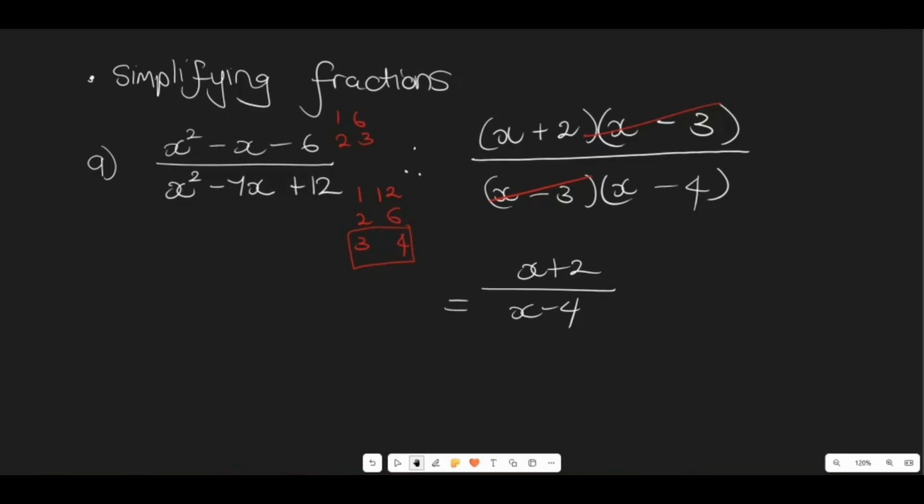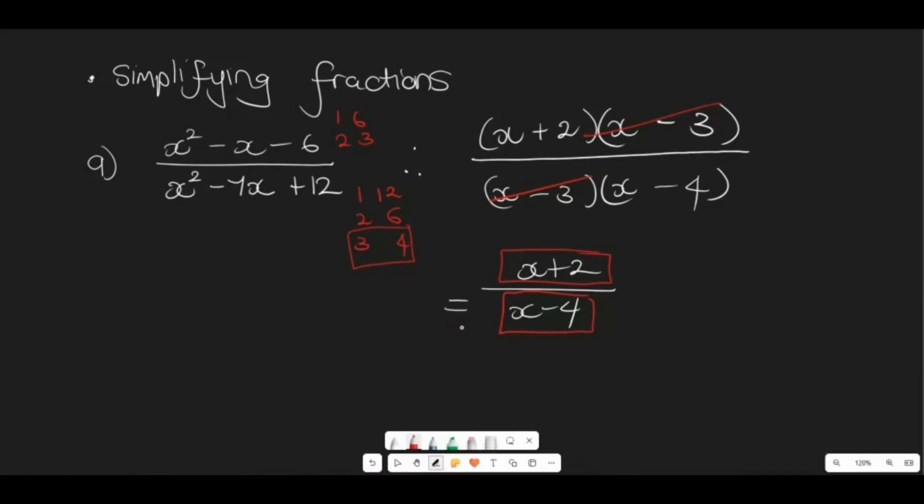Cancel the x's. Oh, okay, no. Please don't do that. Please do not do that. The only way you can cancel x's is if let's say there was an x multiplying like this with each other. Then you can cancel the x's. In this case, this is one expression. Consider this as one expression.